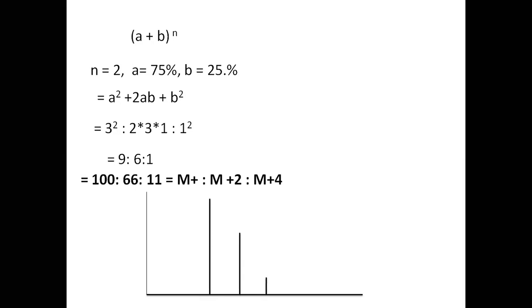So these three peaks correspond to, the first on the left side is M plus, this peak is for M plus 2, and this peak which is very low in percentage abundance is because of M plus 4.